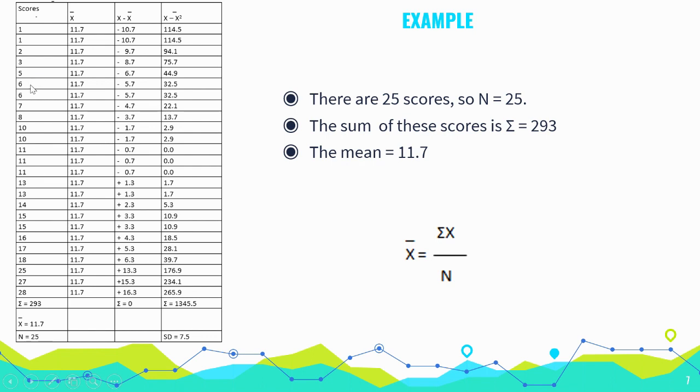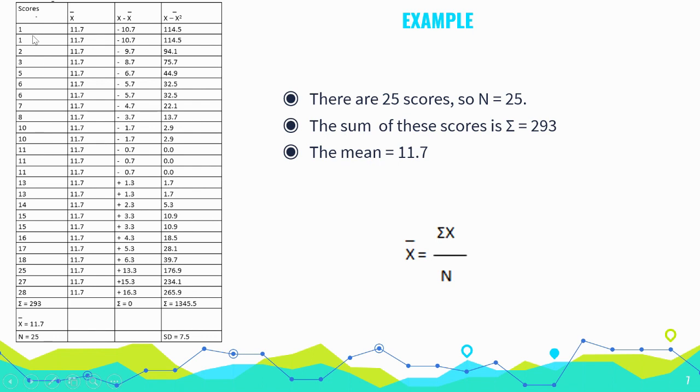One person got 5. 2 people scored 6. 1 person scored 7. 1 person scored 8. 2 people scored 10. 3 people scored 11. 2 scored 13. 1 scored 14, and so on. 1 person scored 28 out of 30. Now, you can see already, just by looking at those numbers, that most people are scoring in the middle here, okay? Very few scores at the bottom, very few scores right at the top. So, this is normally distributed.